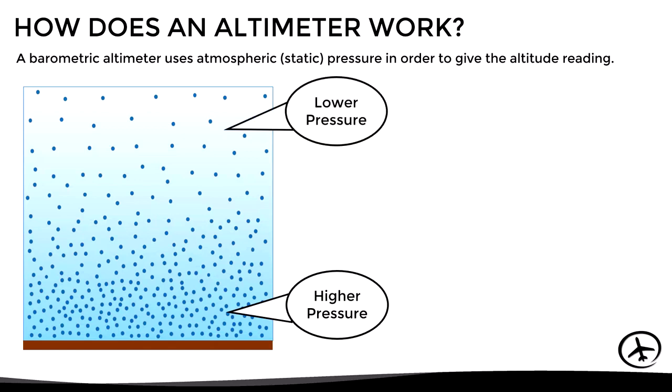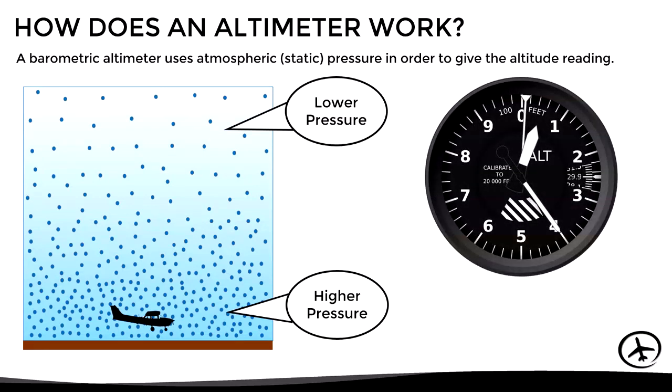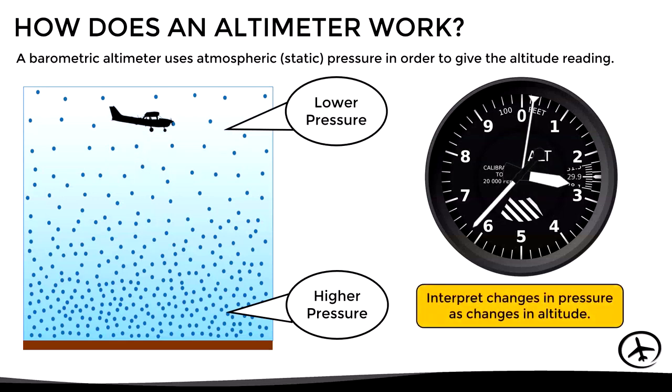This means that, if the altimeter senses a high static pressure, it will interpret that the aircraft is flying at a low altitude. And in the same way, if it senses a low static pressure, it will interpret that the aircraft is flying at a high altitude. So in other words, the barometric altimeter interprets pressure changes as altitude changes.